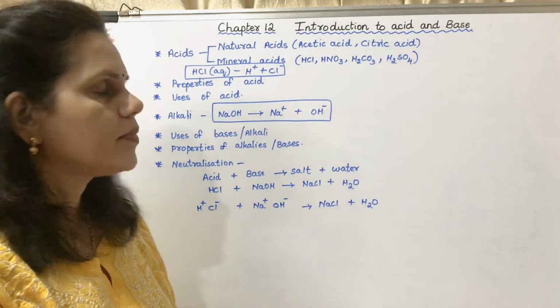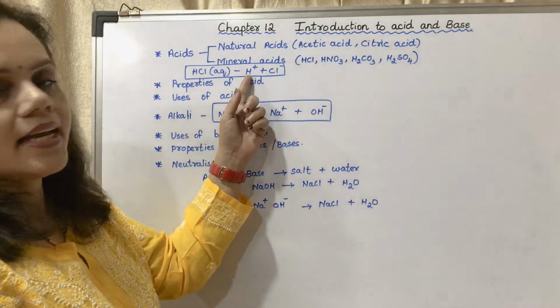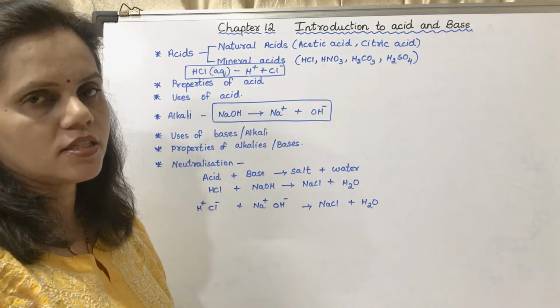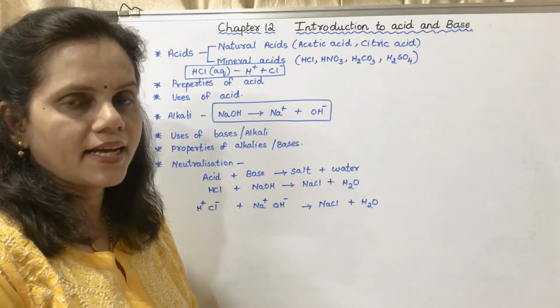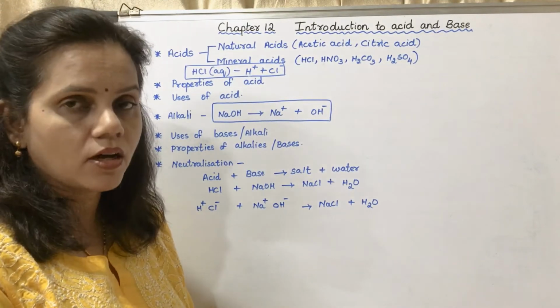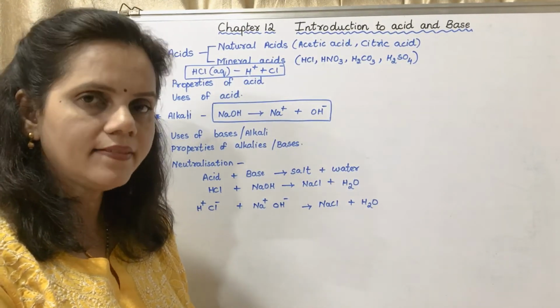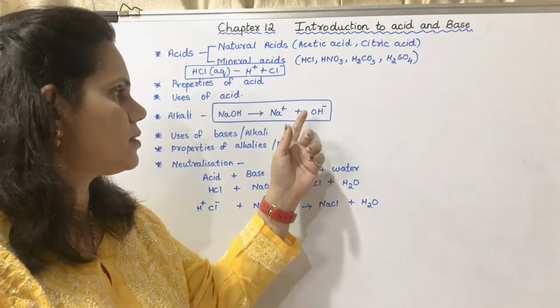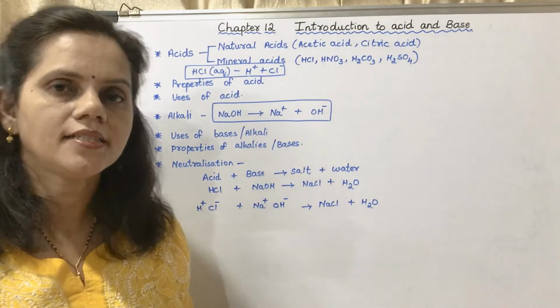Now you may see acids have H positive ions and bases have OH minus ions. This is the most important difference. Acids are acids because they have H positive ions, and bases are bases because they have OH minus ions.